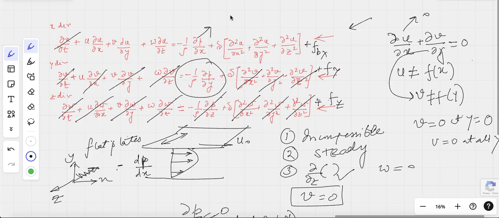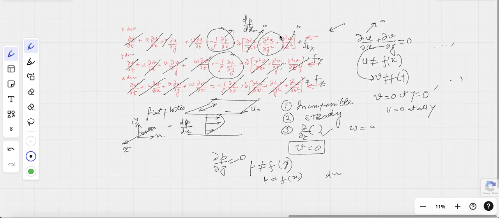So we can write this as dp by dx, an ordinary derivative, right? w is 0, v is 0, fully developed, again this is 0, right? Fully developed, this is 0. So we are left with this term and this term.